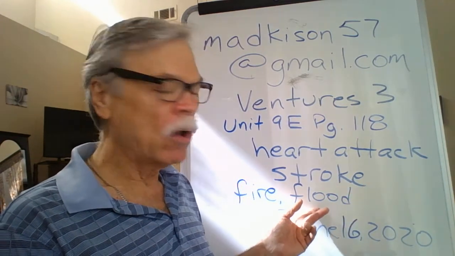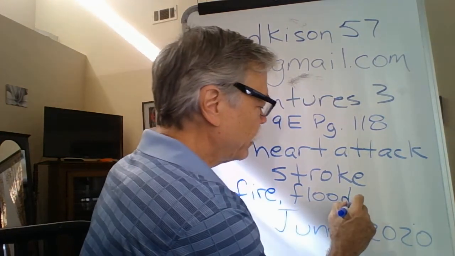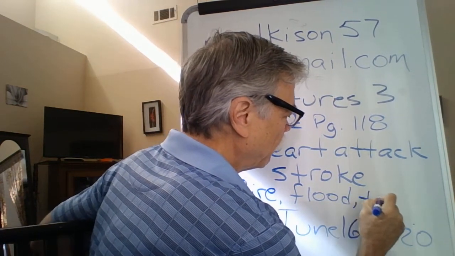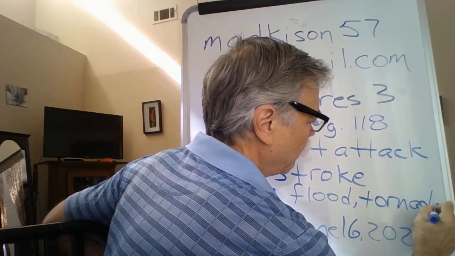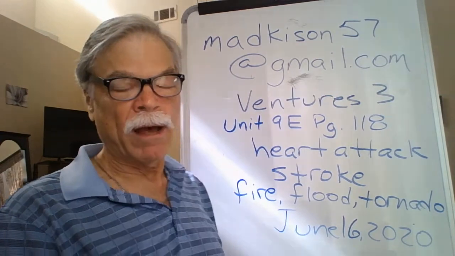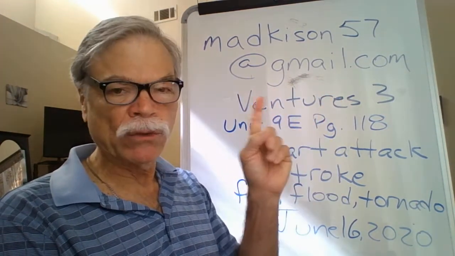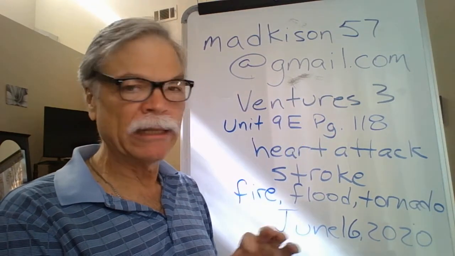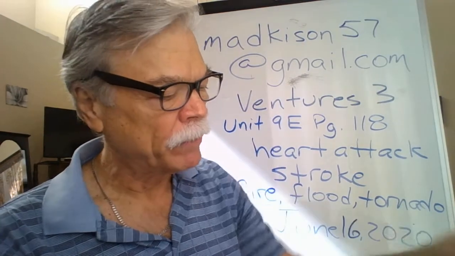So that's called a flood. Another type of emergency would be a tornado. And that's when a funnel cloud forms and the wind is very strong and it can destroy everything in its path. That's called a tornado.